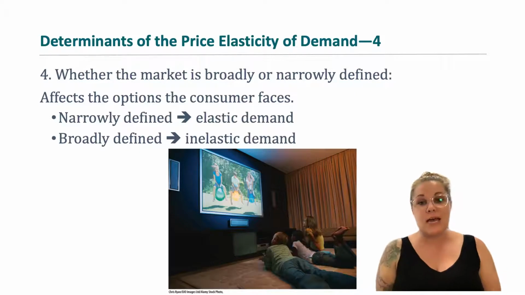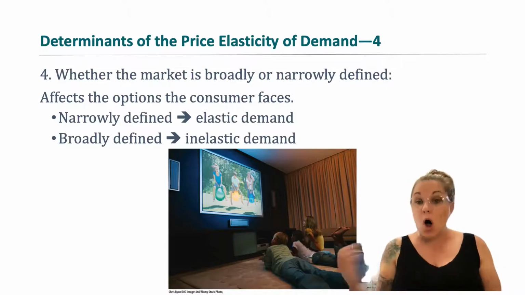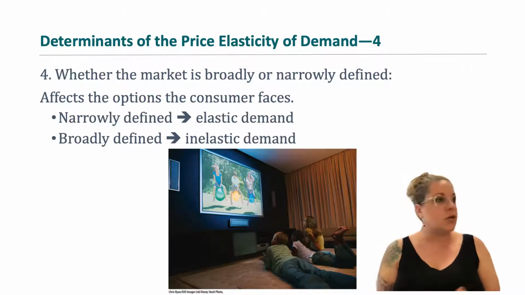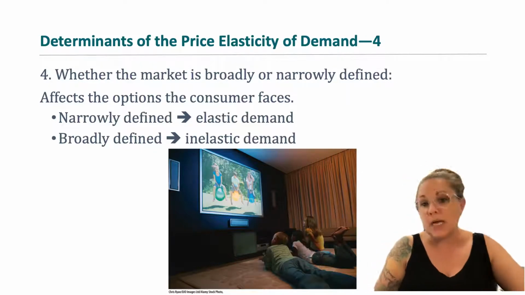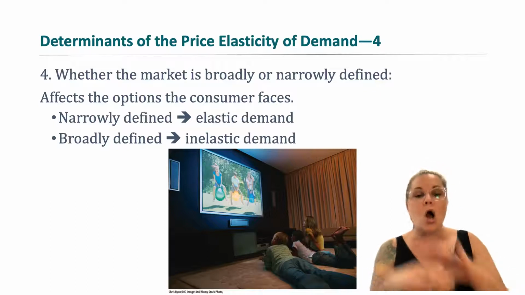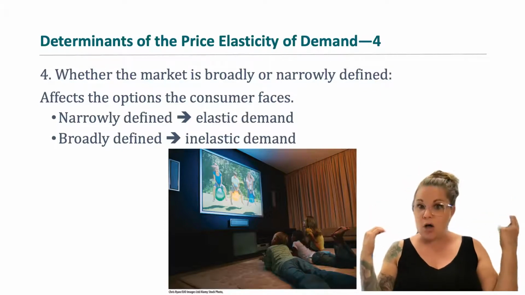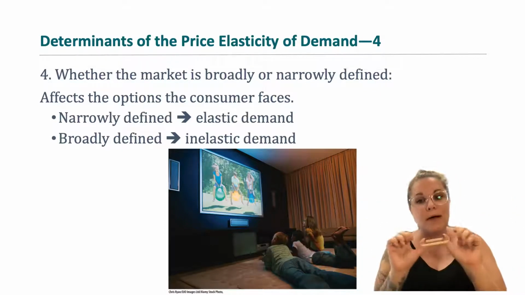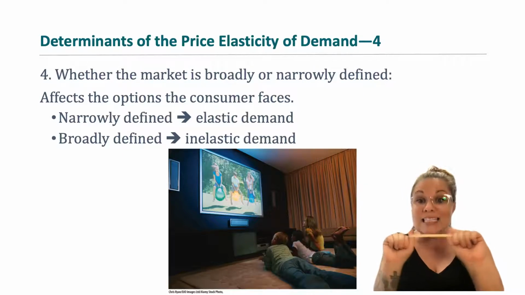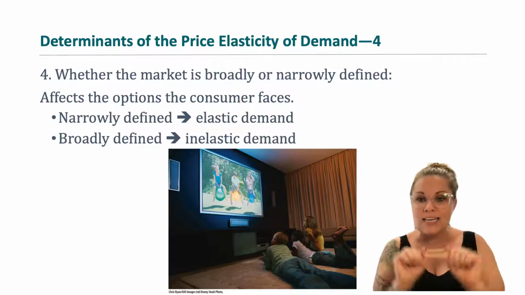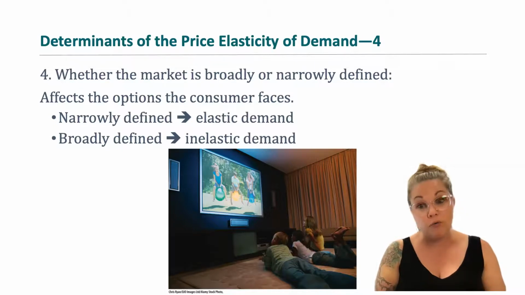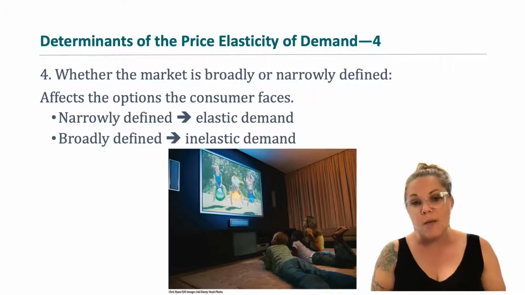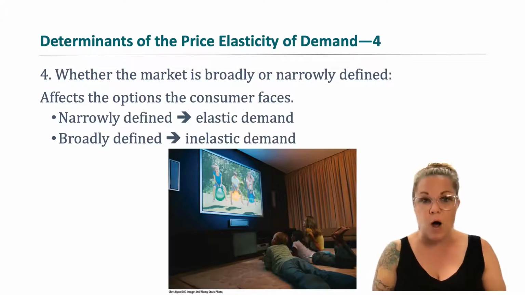Whereas if I was to say the price of all streaming services, so that would include my Netflix account, my Hulu account, my Disney Plus account, my ESPN account, all of those things, if the price of those things all went up, well, my demand for them will probably be less elastic, maybe even inelastic, in that I'm not going to really change my behavior in terms of the overall number of streaming services that I really need and want based on my own preferences for what I watch.